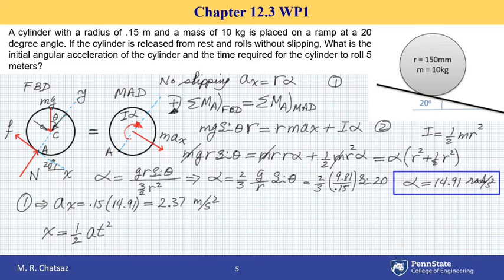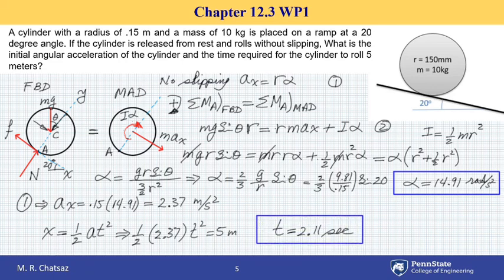So I simplified the kinematic equation and wrote x equal to 1/2 a t squared. Plugging the values, we have 1/2 times 2.37 t squared, and x equals 5. I solve this equation for t, and it gives me a time of 2.11 seconds, and that's how long it'll take for it to travel 5 meters.